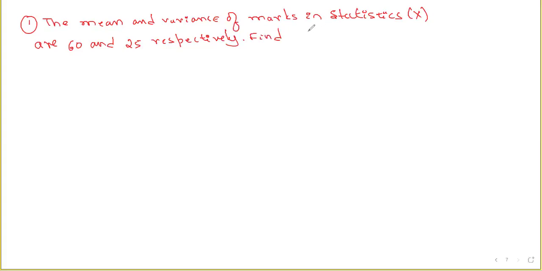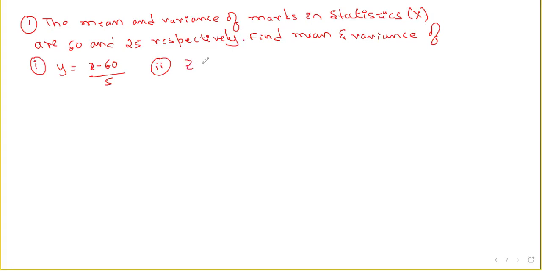Next, find mean and variance of, first case, y equal to x minus 60 divided by 5, then second, z equal to x minus 50 by 10, right?